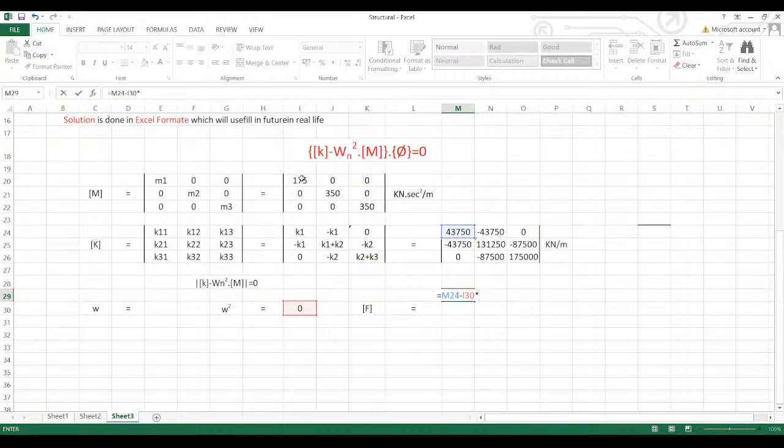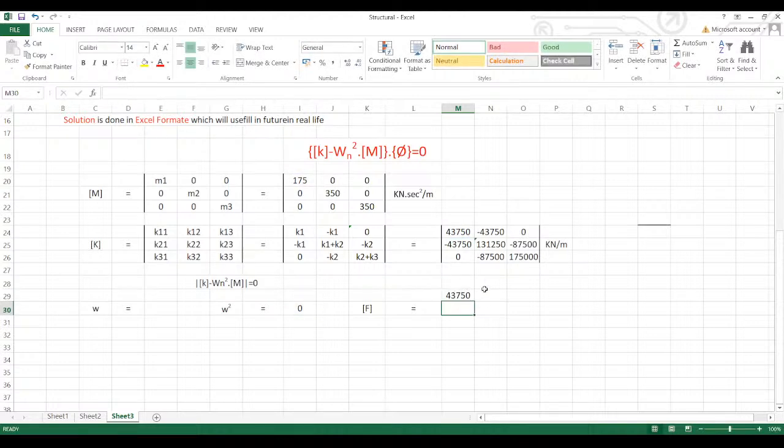But here K and M are changed, but the omega is not going to be changed. So here we have to put a dollar sign, then press enter.